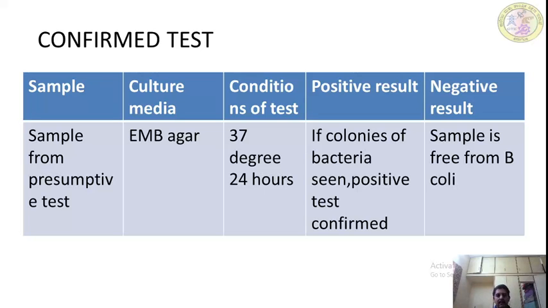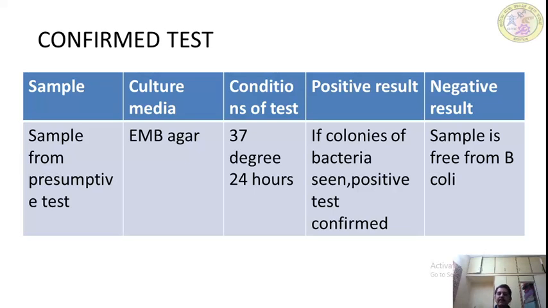Here the sample from the presumptive test is taken. The sample we tested in the presumptive test is taken, and the culture medium added is EMB agar. The condition of the test is 37 degrees centigrade maintained for 24 hours.